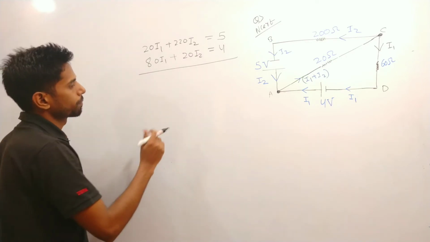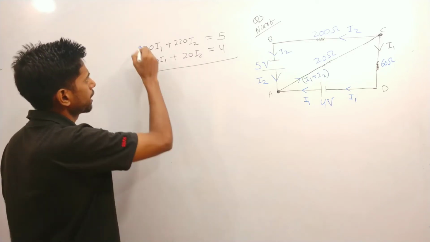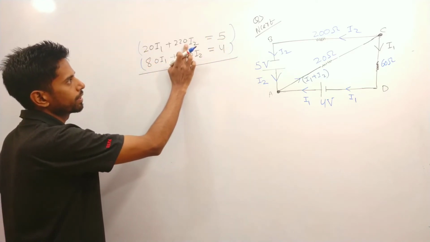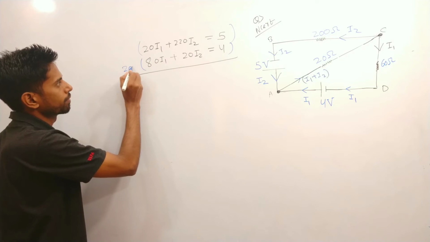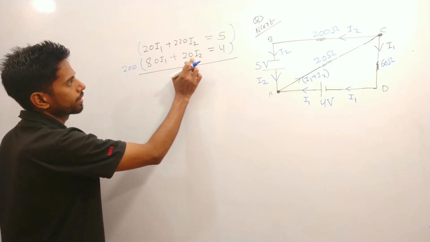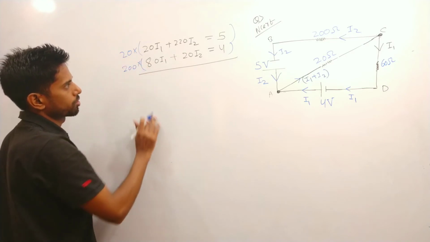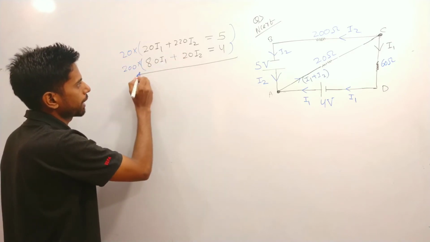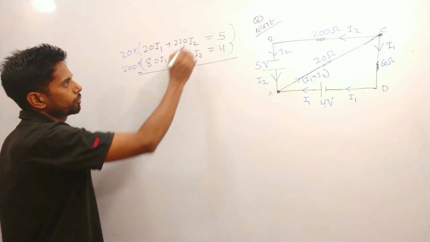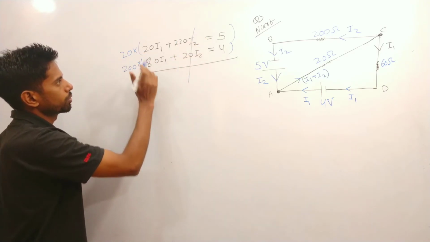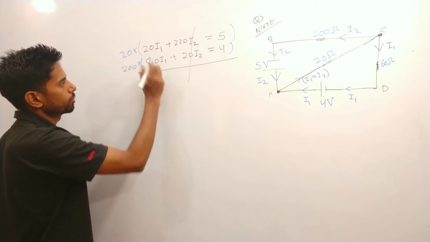Now see, there are many methods. So here 220, so I will write here 220. Here 20, so I will write here 20. Multiply the whole equation, and subtract. If we do, this will cancel. So this will become 2 into 2, 4, 0, 0, 100.